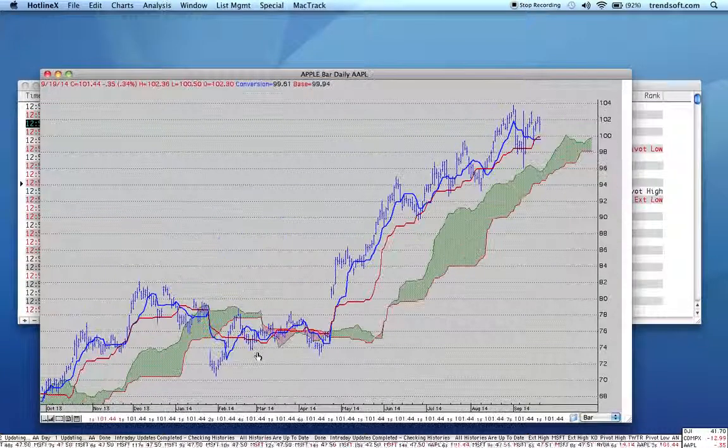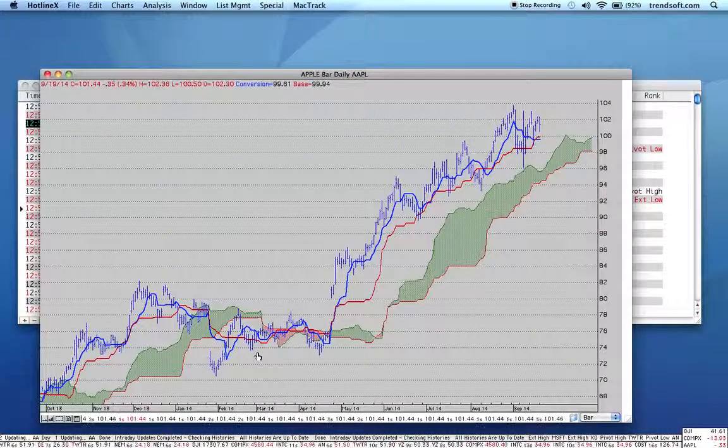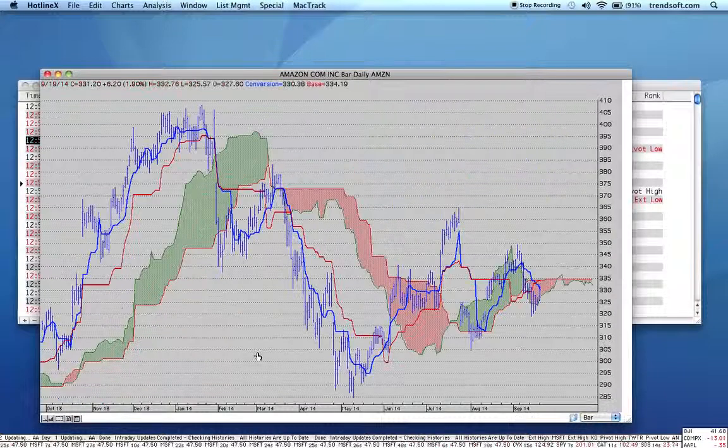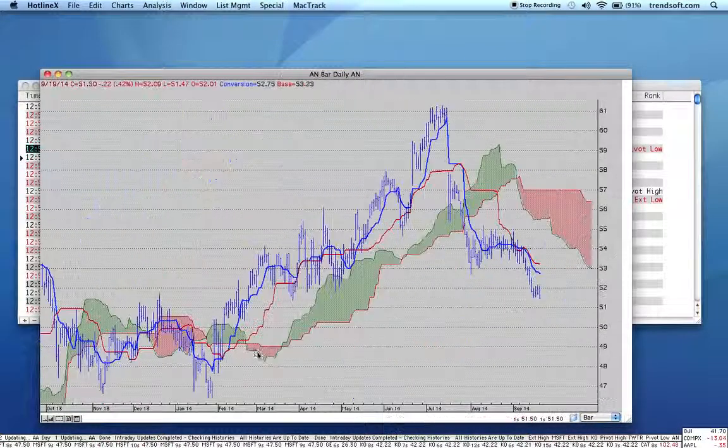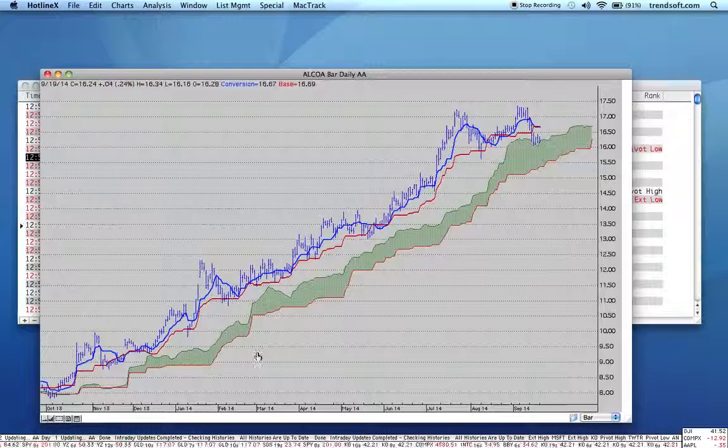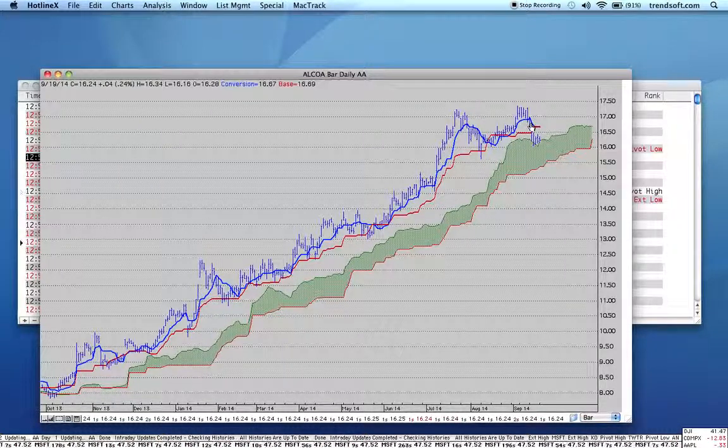I'm going to flip through here. You can see Apple, Adobe, Amazon. Let's take a look at this. This is Alcoa, and as you can see, Alcoa has been in an uptrend for almost a year now.